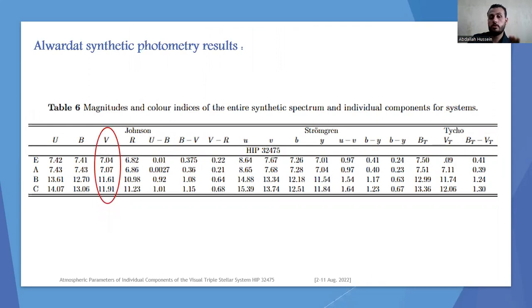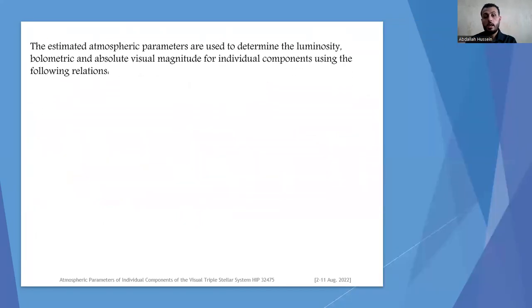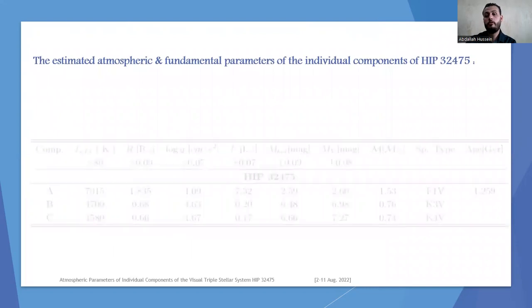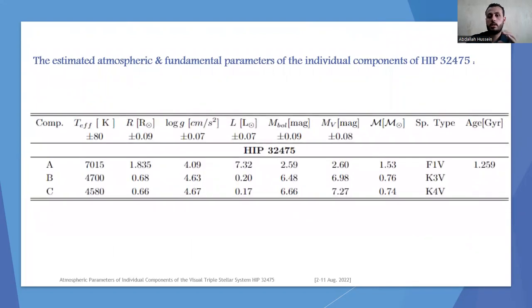Here we fit the visual magnitude and color indices for the entire system and individual components. The estimated atmospheric parameters, effective temperature and radii, are used to calculate luminosities, bolometric magnitude, and absolute visual magnitude. The estimated parameters are listed here.